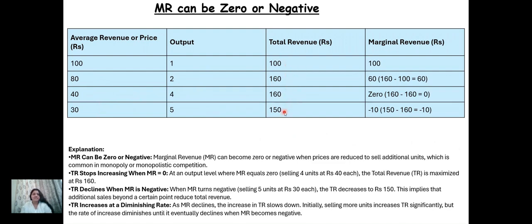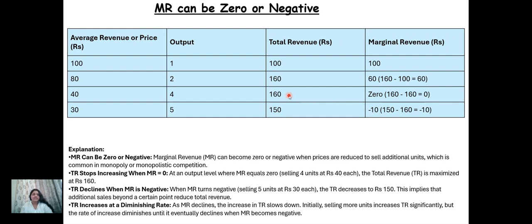Here we just have to see a major difference: there is no difference between the second one and the third one. They are 160 and 160. And in the marginal revenue, when marginal revenue is 0, there is no change in the total revenue.